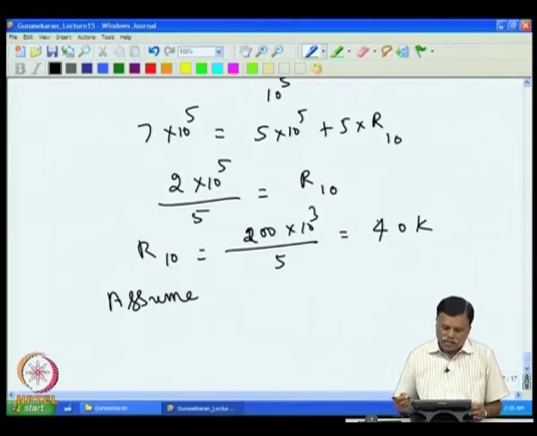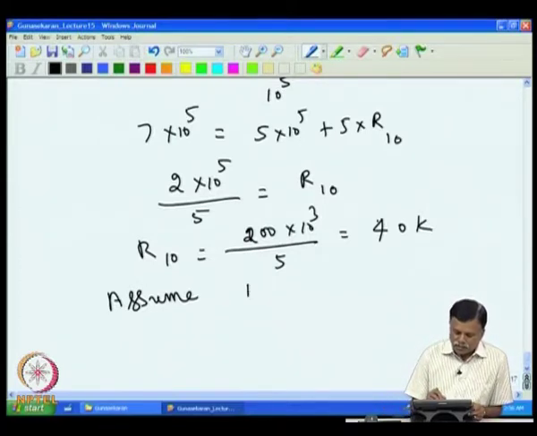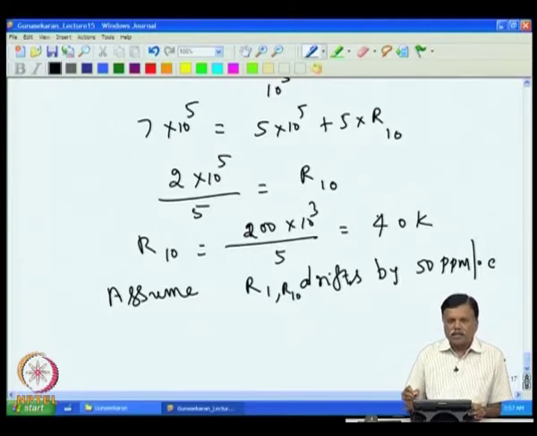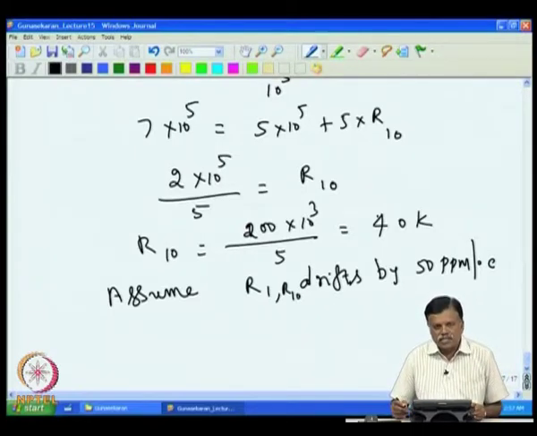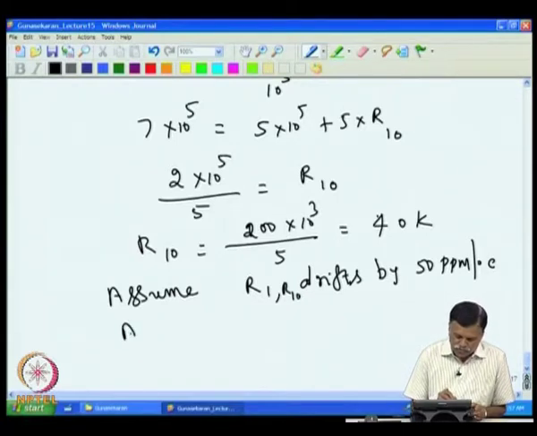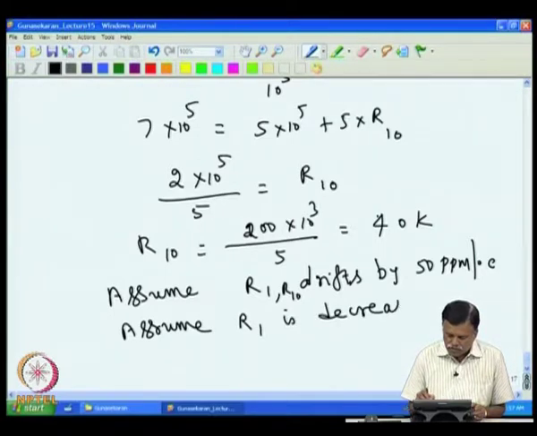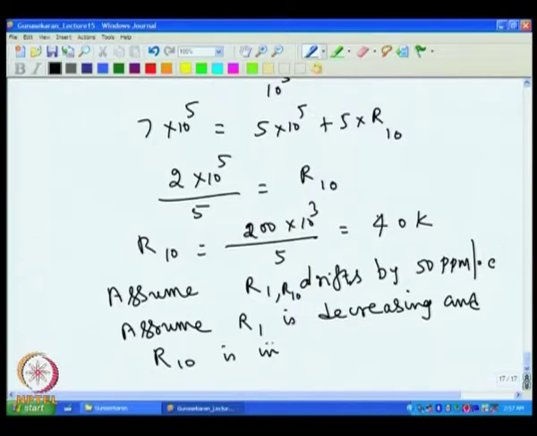Here let us assume that we have 50 ppm resistance, so R1 and R10 drift by 50 ppm per degree C. We have to find out what the voltage drift is. Assuming R1 is decreasing and R10 is increasing with temperature.